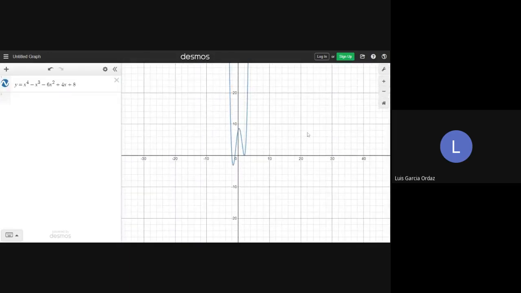So how many turning points does that graph have if we take the n minus 1 rule? 3. 1, 2, 3. Okay? And what do you notice about the end behaviors of the even degree polynomial function with a positive leading coefficient? They're the same, right? So they all approach what? Positive or negative infinity? Positive infinity.